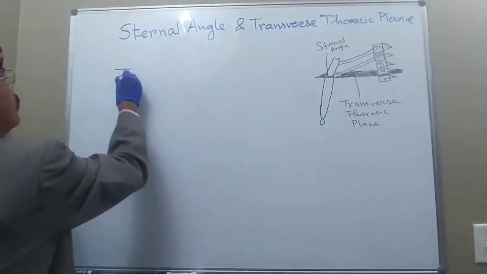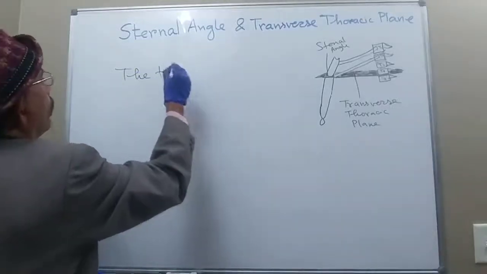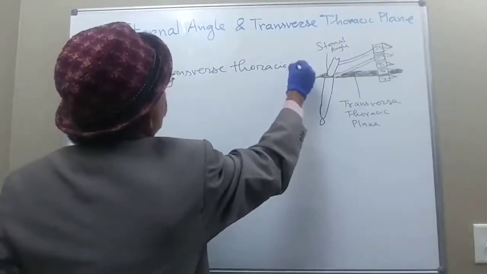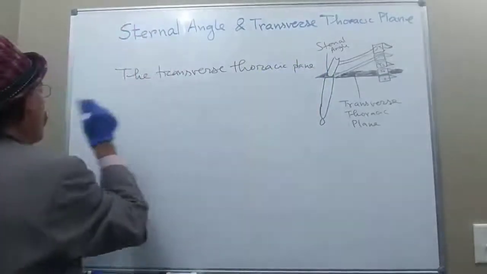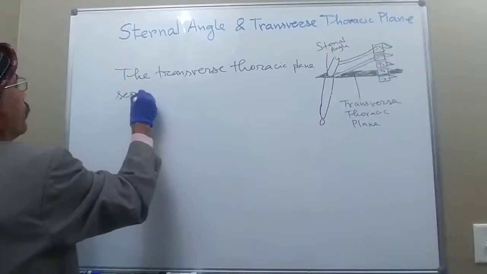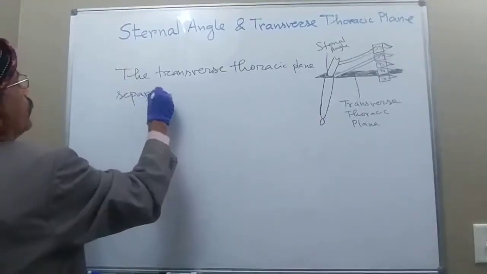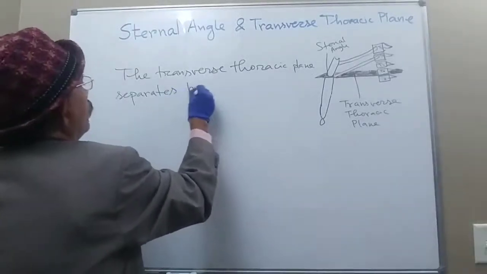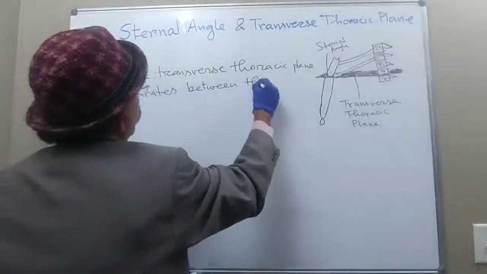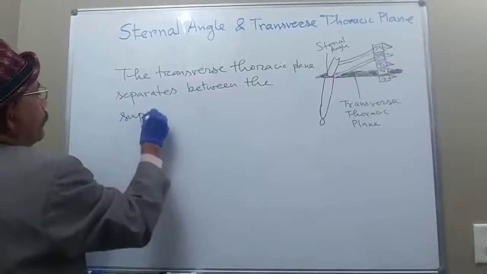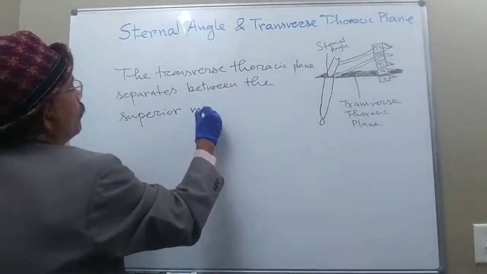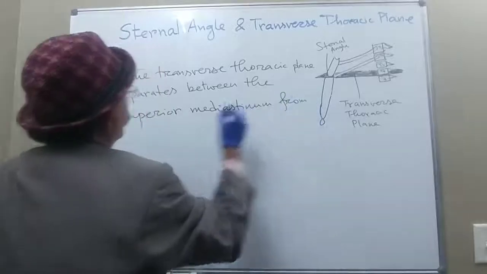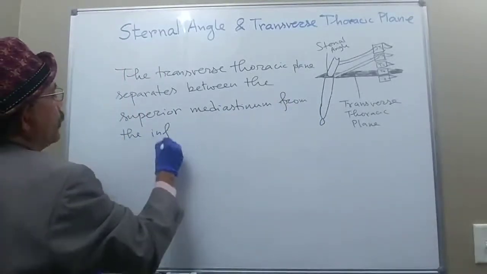The transverse thoracic plane separates the superior mediastinum from the inferior mediastinum.